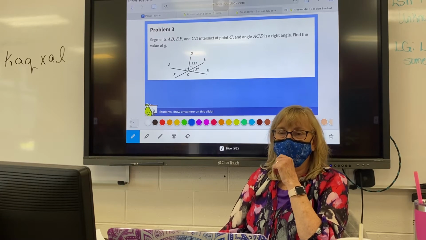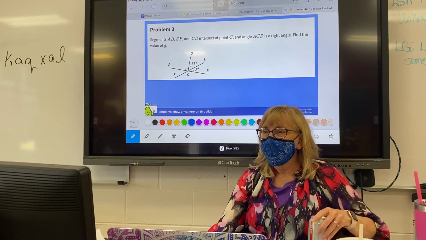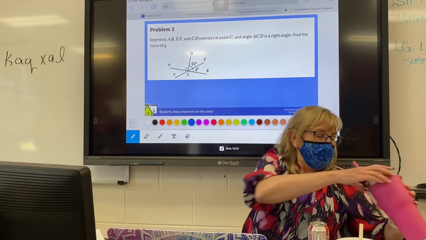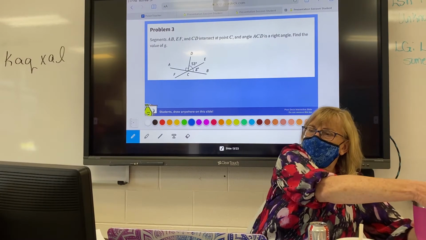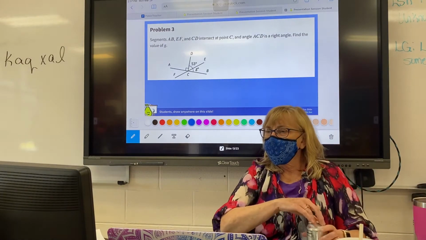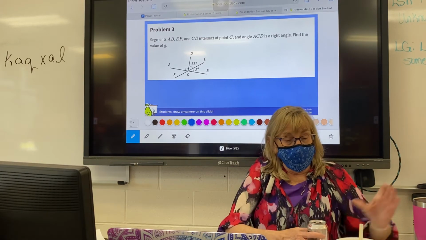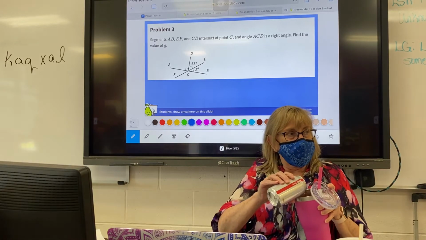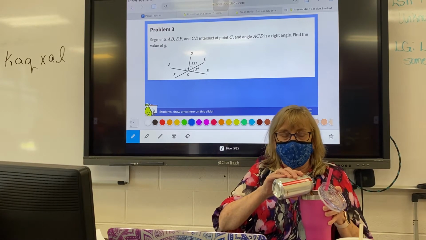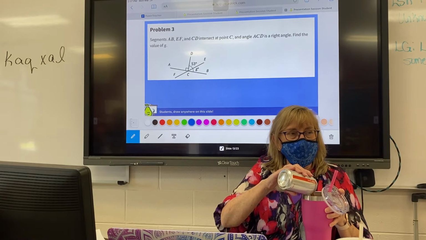Okay, do it on your screen, so you don't give it away to somebody else. Think about what you see there. What do you see? Do you see the right angle? Okay, can you use that information to do anything with trying to find G?